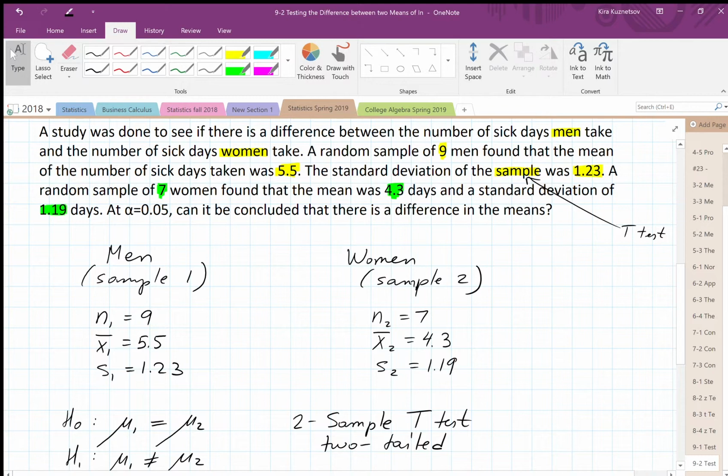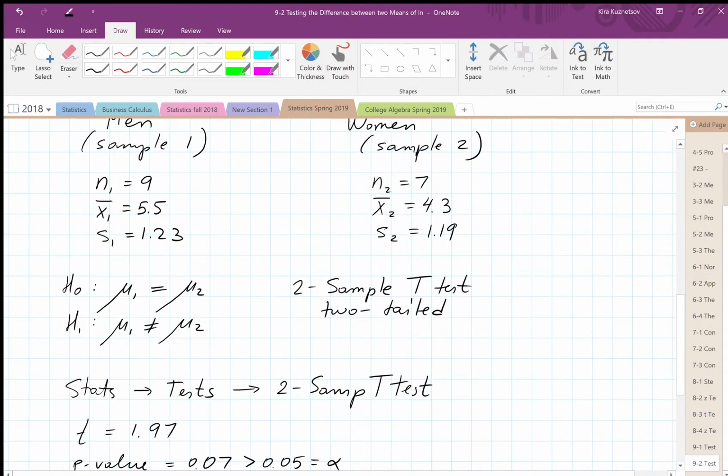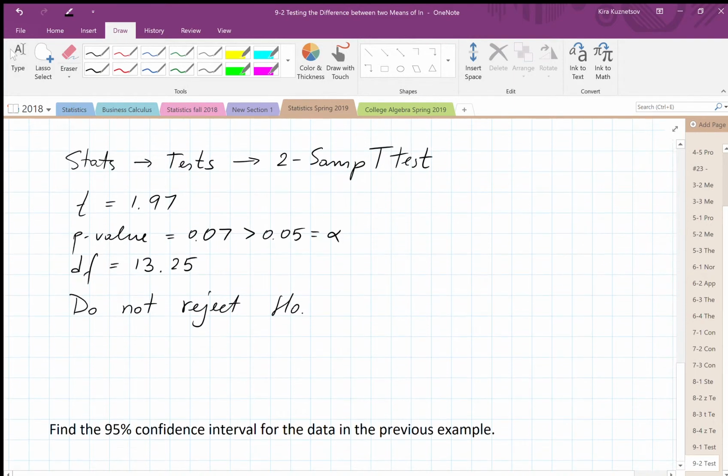Can it be concluded there is a difference in the means? Since we did not reject the null hypothesis, that means that the null hypothesis does state that mu1 is equal to mu2.